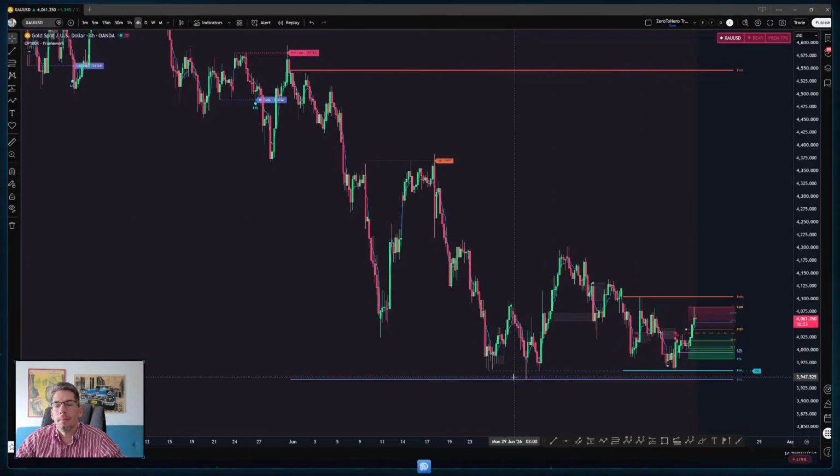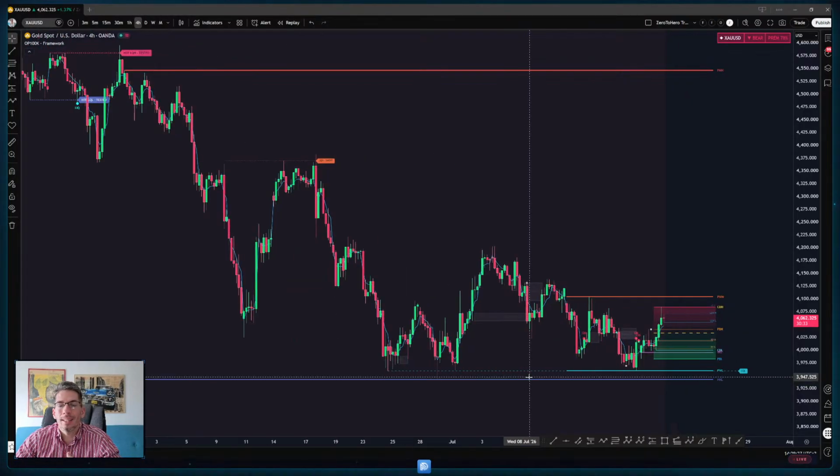And the idea that we completed this entire larger bearish cycle, I really don't believe that. The last time this was tested was June 30, and we are right now at the 21st of July. So automatically, we are ranging for the last 21 days.